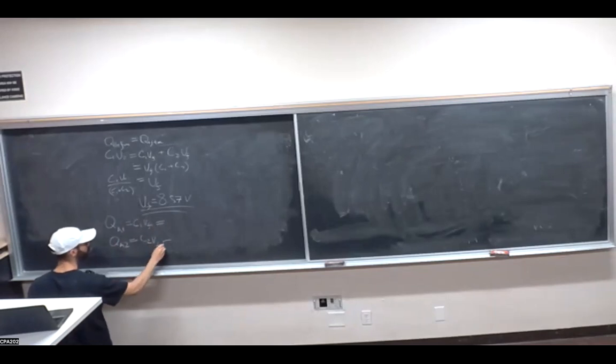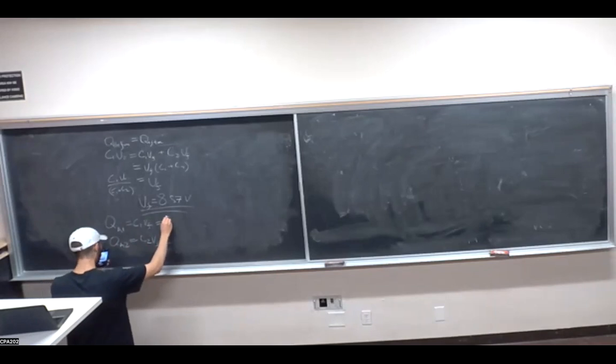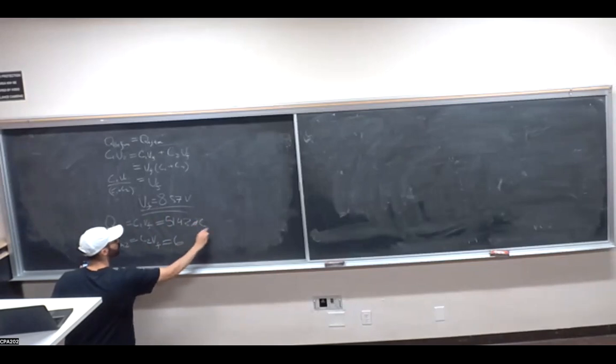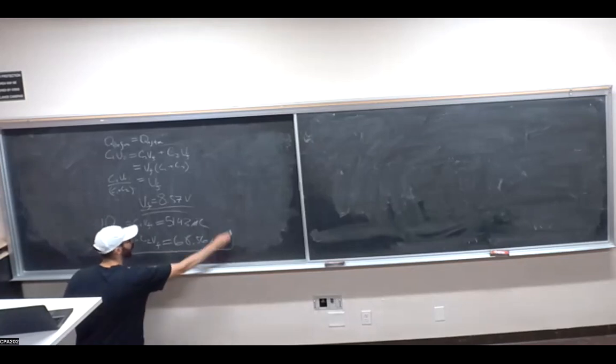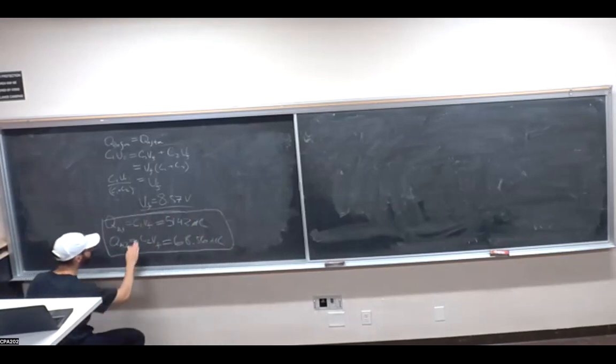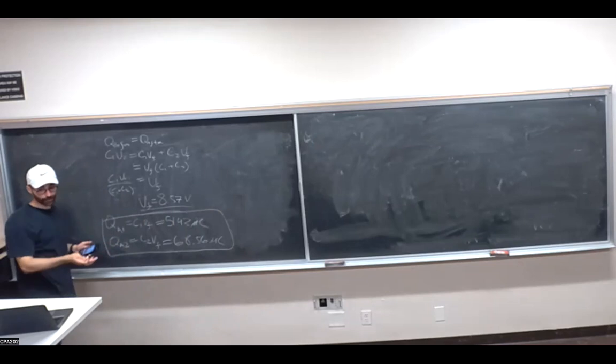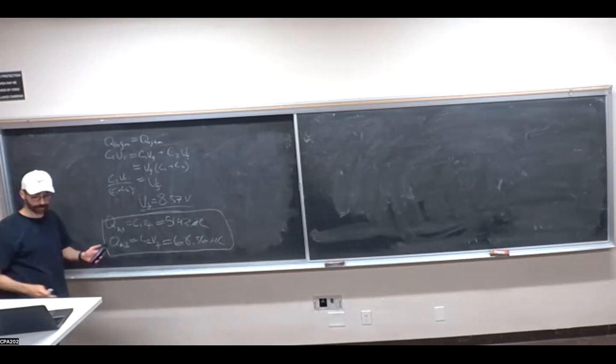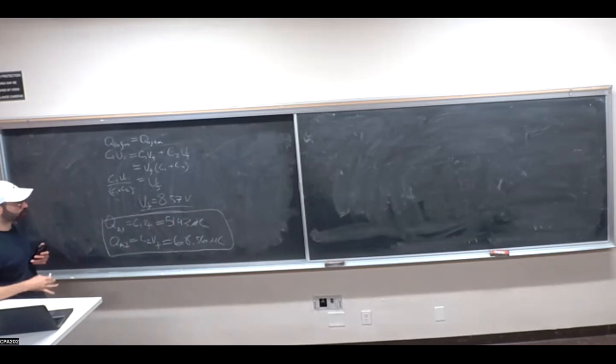You're going to plug in the relative capacitances, plug in VF, and what you're going to get is 51.43 microcoulombs and 68.56 microcoulombs. Yeah, so don't make the mistake I just did. Keep capacitance in units of farads, and charge in units of coulombs. So don't mess that up.